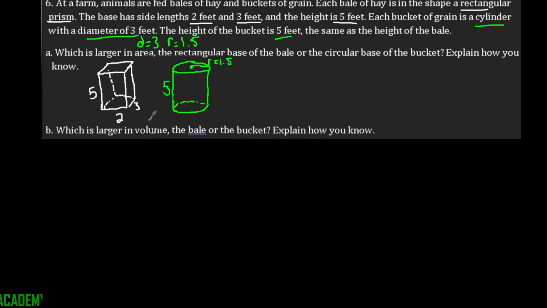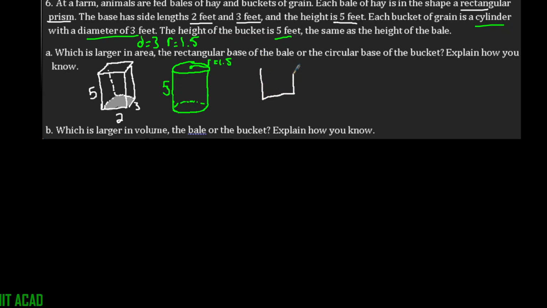It says which is larger in area, the rectangular base of a bale of hay or the circular base of the bucket. So what we're going to do is shade in that base first.